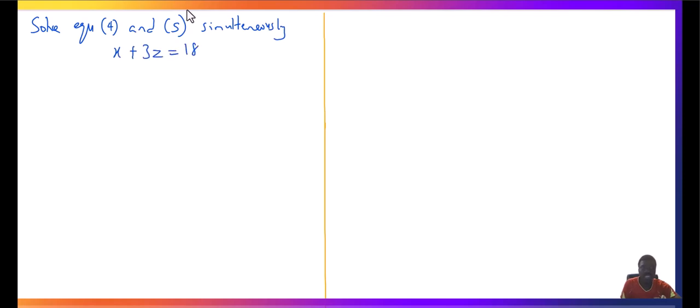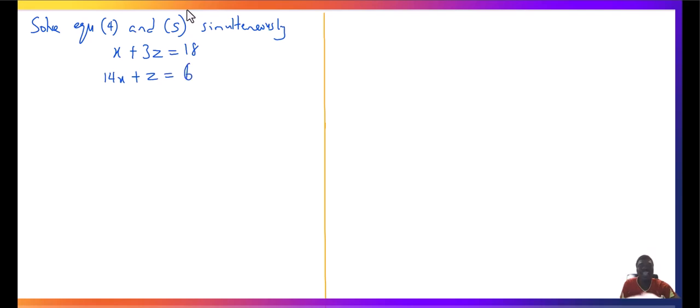So solve equation 4 and 5 simultaneously. So we have x plus 3z is equals to 18, and we have 14x plus z is equals to 6.